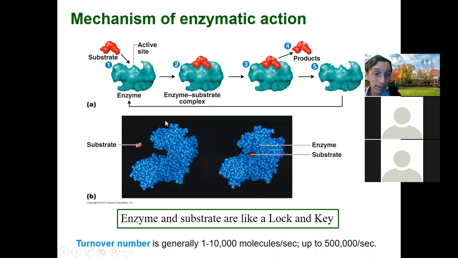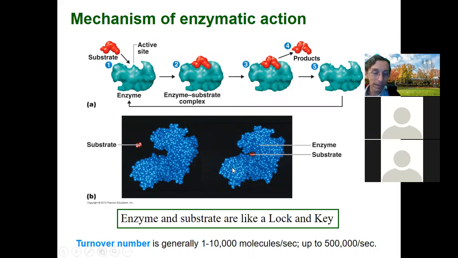What do you notice about this picture? There's three things you should recognize. What's the first thing you can recognize? Very easy, the first one. I guess it kind of looks like the enzyme is swallowing the substrate. Well, yeah, they're binding to each other, if that's what you mean.